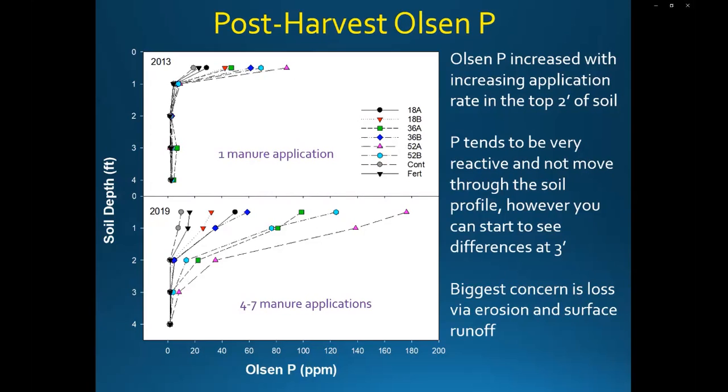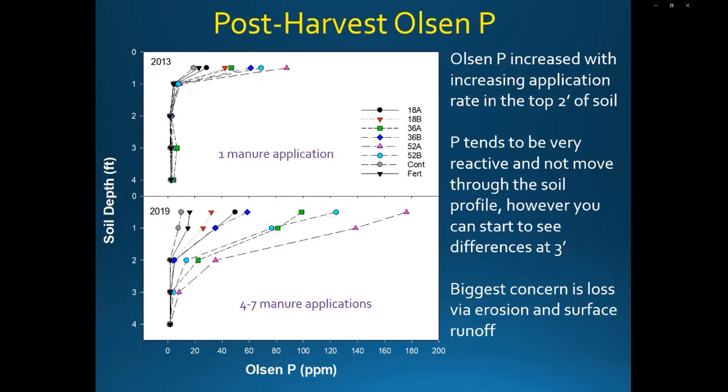And as you can clearly see, continual application of manure at high rates really drove up the soil phosphorus in the first 2 feet. And even though these are really silty soils, high calcareous content, where you wouldn't expect to see a lot of phosphorus movement, even at the high application rates, we're starting to see differences down to 3 feet. So phosphorus is moving through these soil profiles.